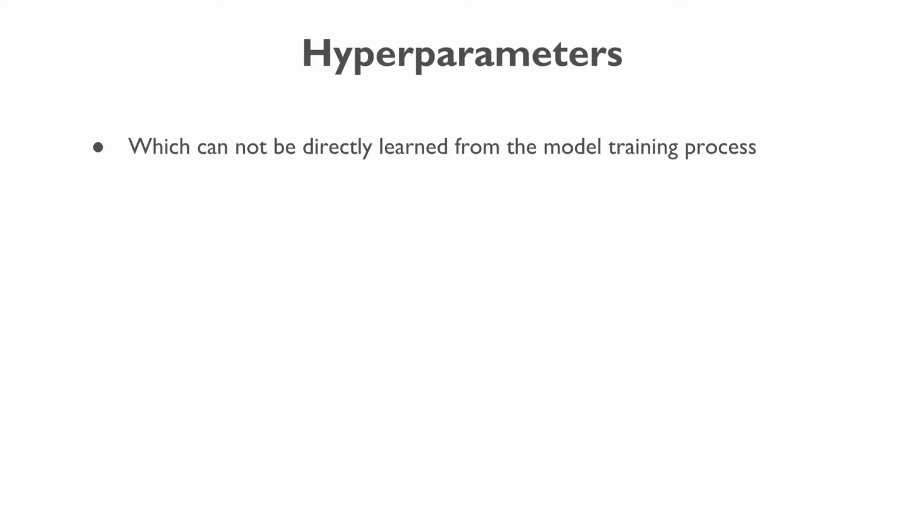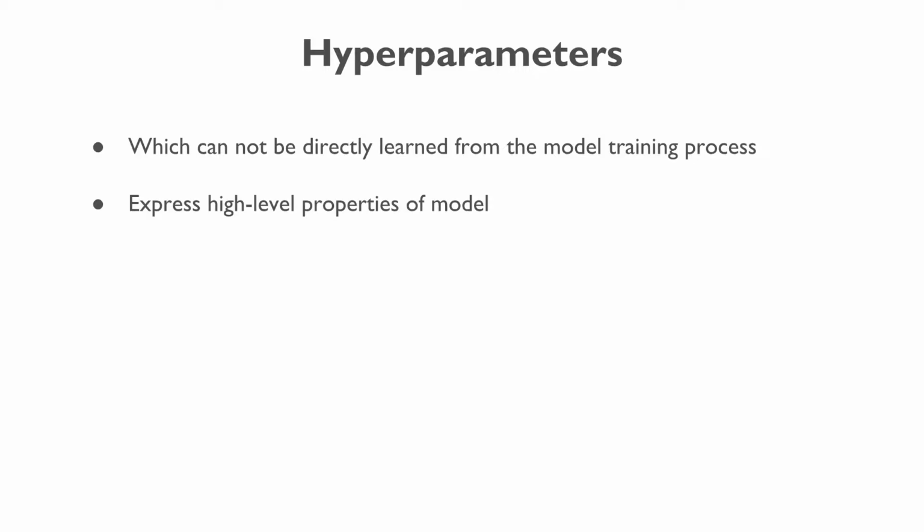Hyperparameters are the parameters of the machine learning algorithms which cannot be learned directly during the training process. The algorithms cannot figure out these parameters by themselves the way they figure out the model.